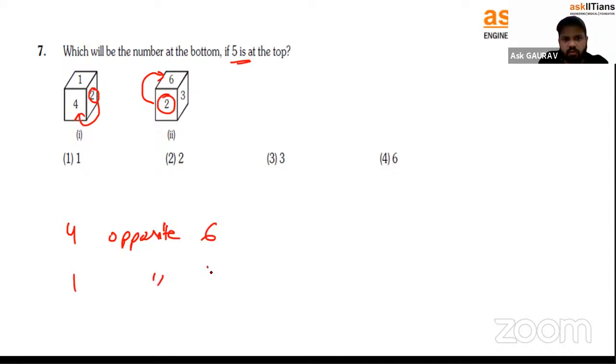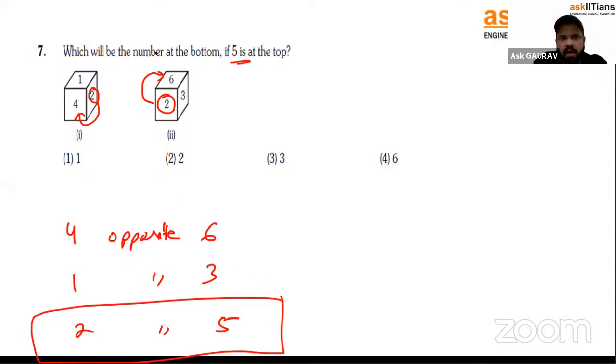Same, 1 will be opposite to 3. What is left? 2 is opposite to 5. That's it. So which number will be at the bottom if 5 is at the top? It will be your second option. Is that clear? Right?